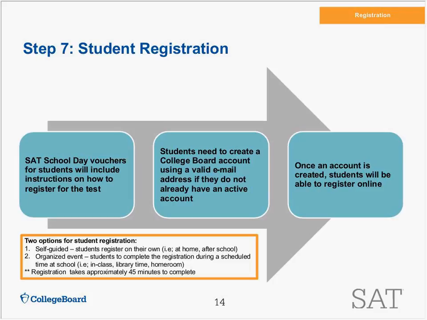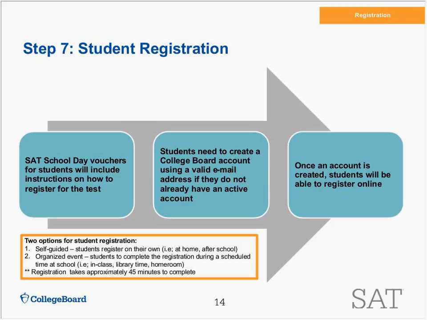This may be a good choice for your students, only you know your students. Or you can do it as an organized event. So you could do it, let's say, during an English class, where everybody who has English on a certain date registers as part of that class. Everybody can have access to a computer, and everybody registers for the SAT at the same time within the class.